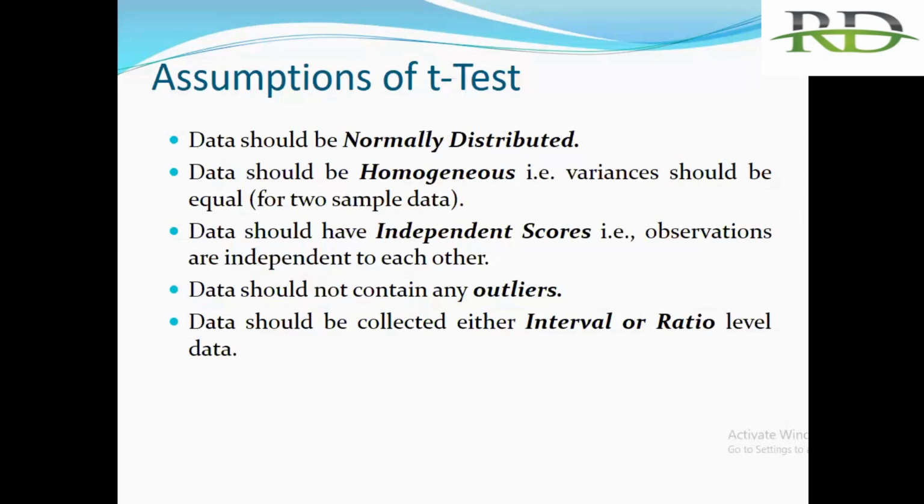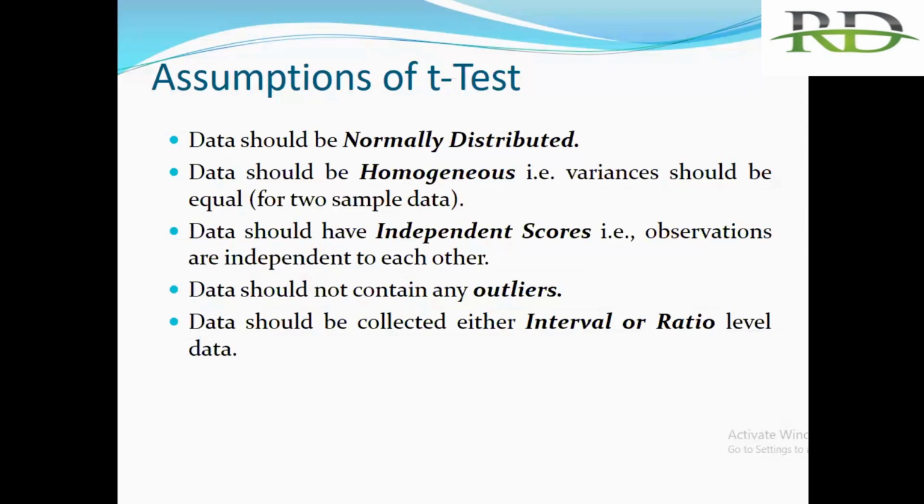Data should have independent scores. Independent scores basically means that each observation should be independent of each other. My height is in no way related to your height, and your height is in no way related to your friend's height.